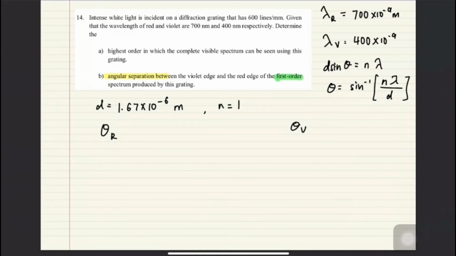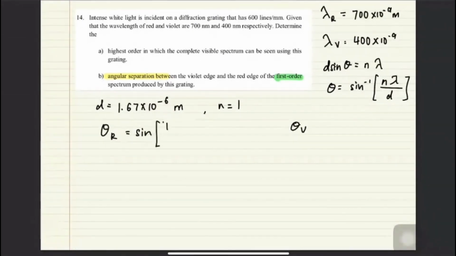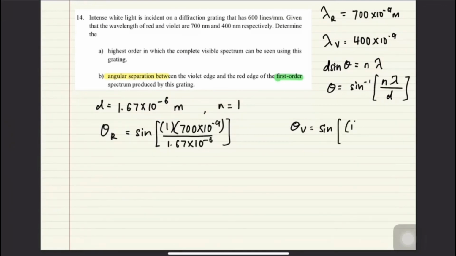Okay. So for red, kita calculate at sin inverse 1. Lambda dia adalah pakainya red lah. 700 times 10 to the negative 9. D dia adalah 1.67 times 10 negative 6. Okay. If you use your calculator mode in degree, then final answer will be in degree as well. Beza dia dekat lambda je.